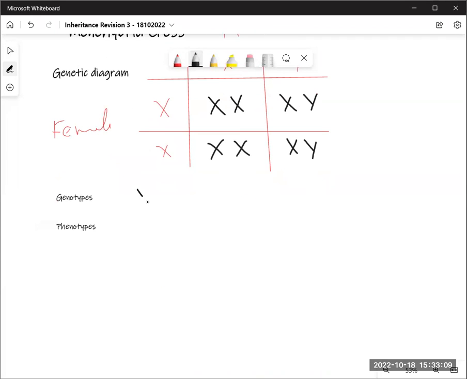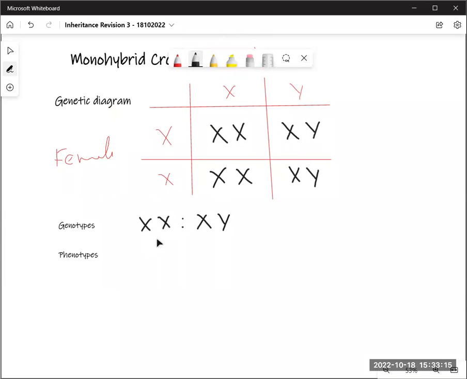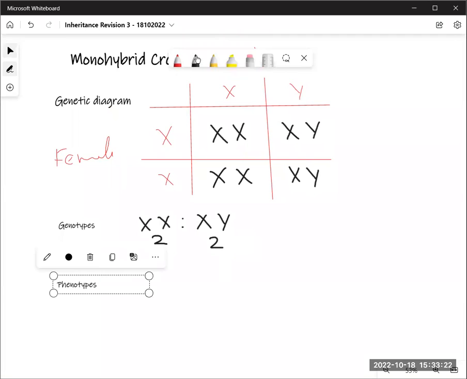The genotypes I got were XX and XY. Can anyone tell me how many XX do I have? 2. And XY is also 2. So therefore, this means there is a 50% chance.